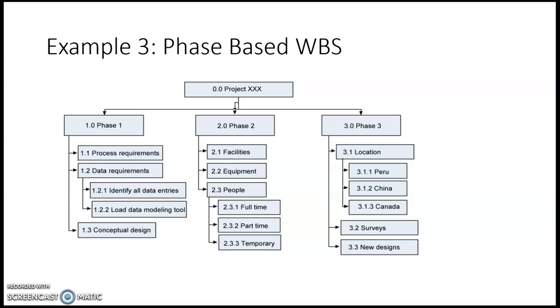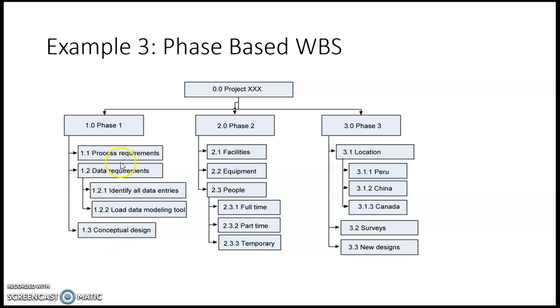For example, in order to do the construction, we need the initiation phase of the project. If we have a construction project for a double-story house, that will come under 0.0, because that is the main project, and under it will come the project phases. So 1.0, phase 1, let's say, can be the initiation phase of the project, in which there are conceptual designs of the project.